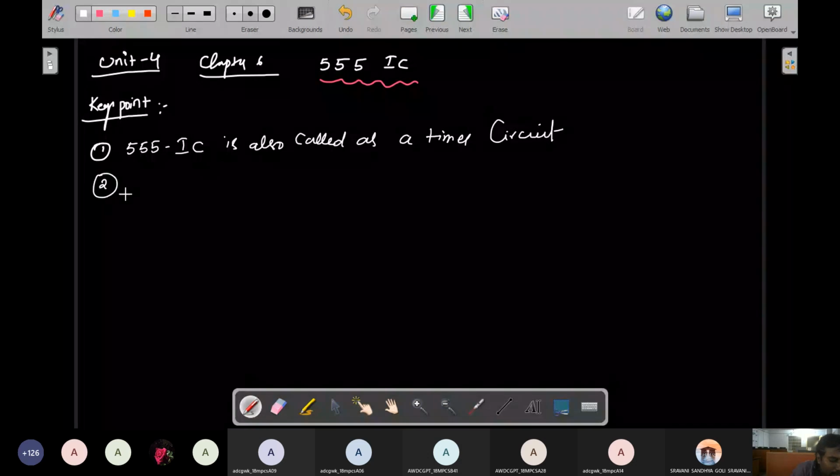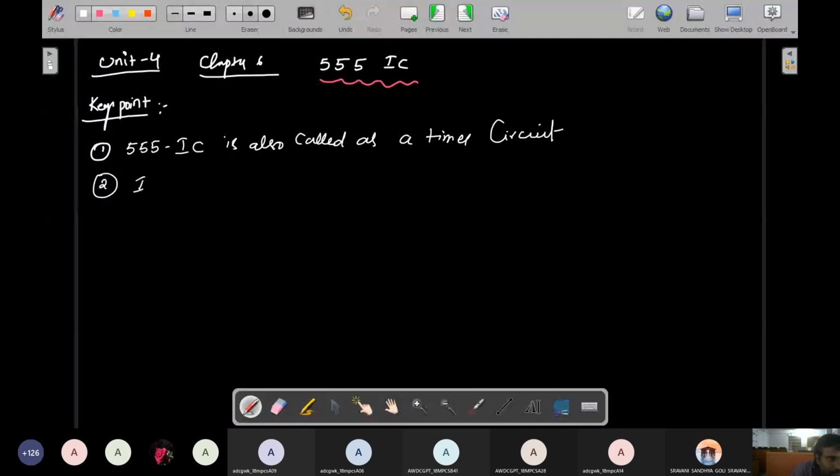And see, it can produce a time delay. What is meant by time delay?